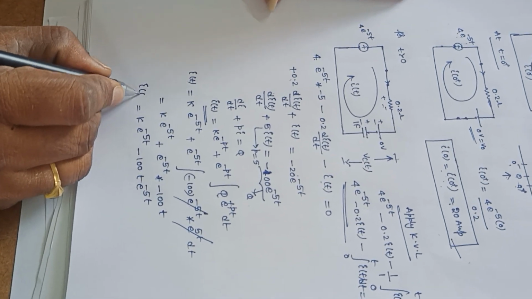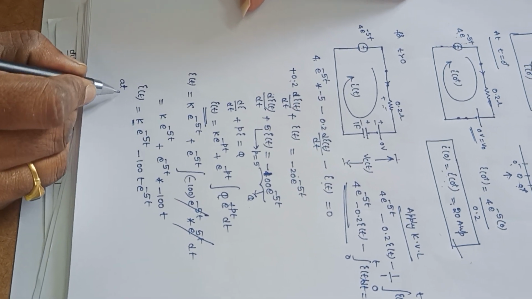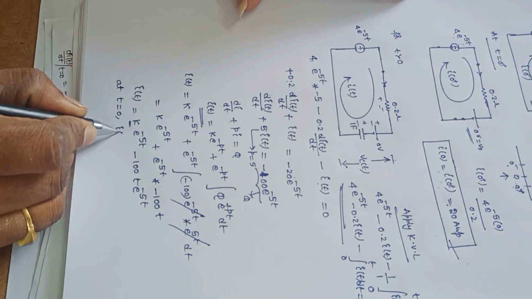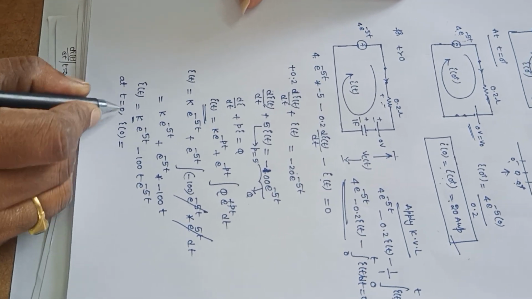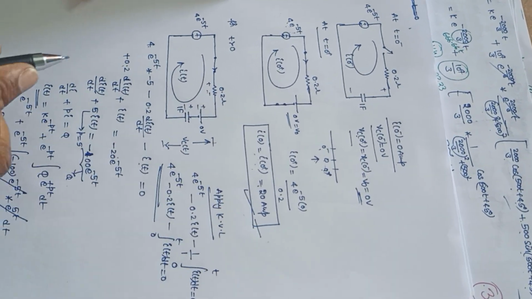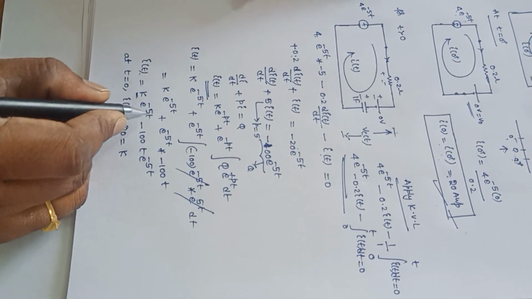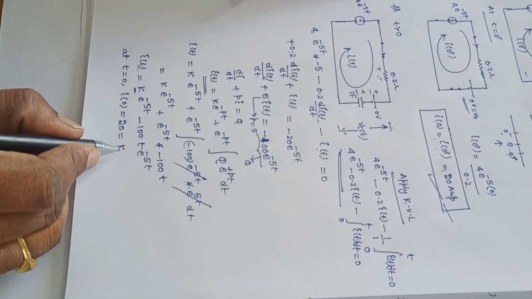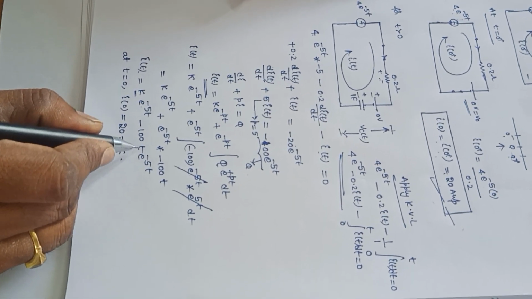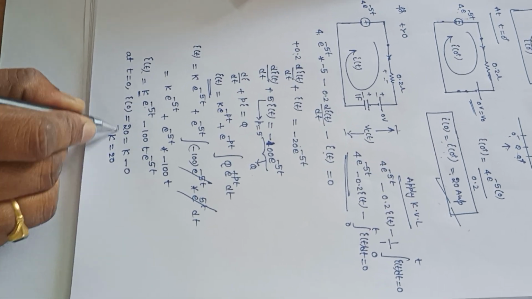So it is I of t, and to find this arbitrary constant k, I am using the initial condition, that is at t is equal to 0, I of 0 is equal to, we already calculated, 20 amperes. That is 20 is equal to k into e power minus 0, which is 1, so k, minus 100 into 0 is 0, so the value of k here is 20.